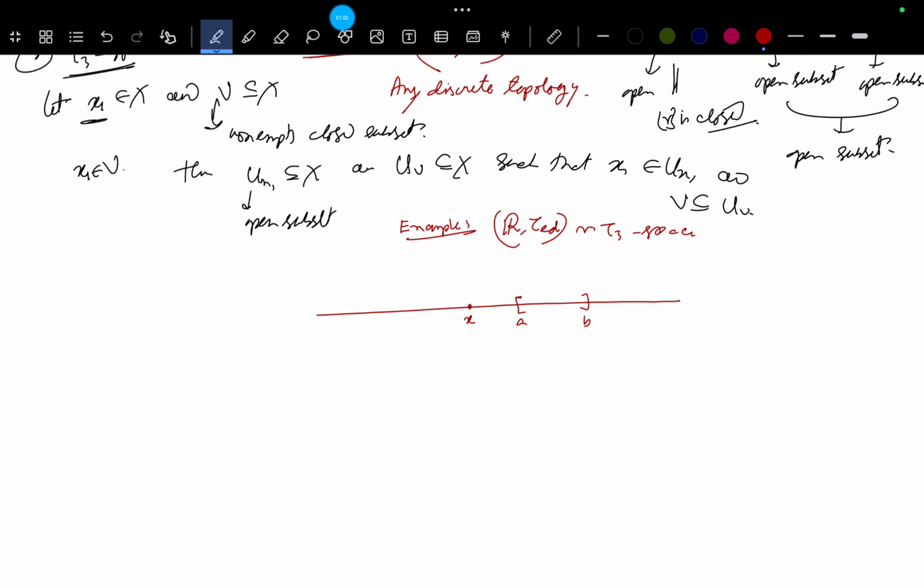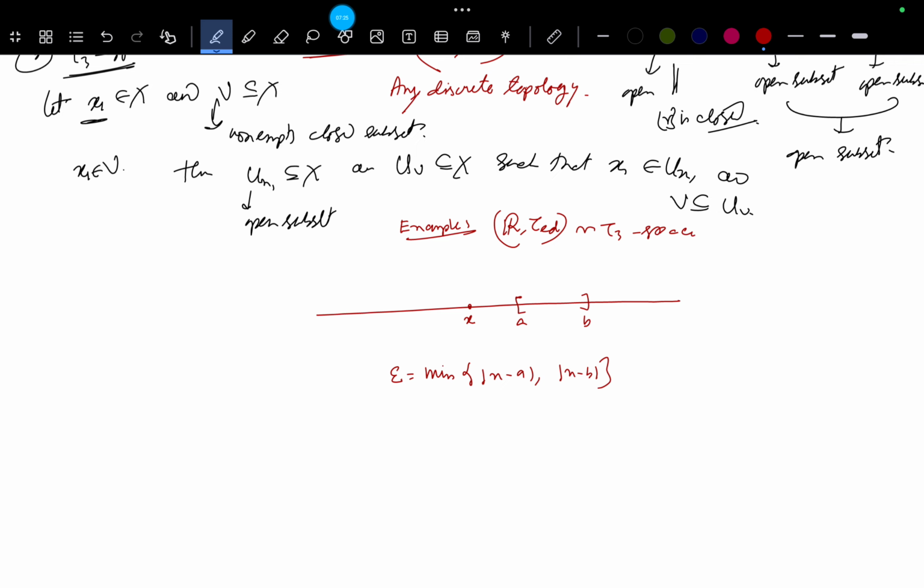What I will do is consider the minimum distance. I consider epsilon to be the minimum of |x minus a| and |x minus b|.